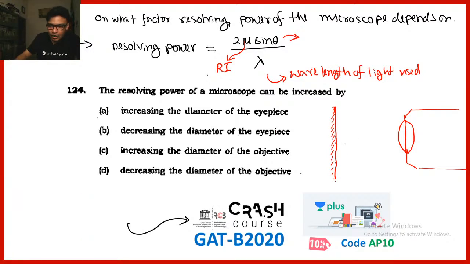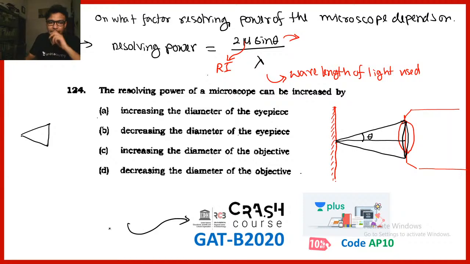This is your optical axis, and this is the cone of light that should be collected by the objective. Look at this triangle. This half angle with the optical axis is theta. And this is the diameter of the objective lens.